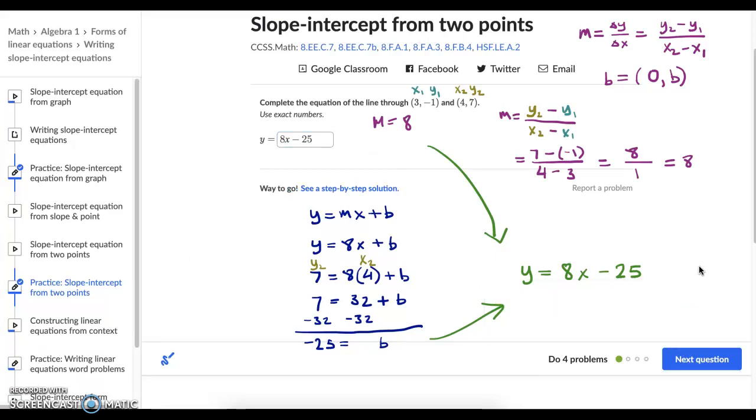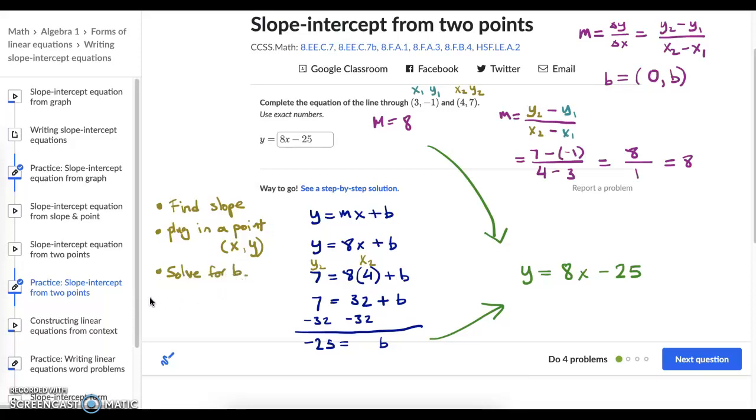So solve the slope, solve the y-intercept given the slope. So you need the slope first. Plug in one of the points. So in summary, let's summarize this real quick. Find the slope. Plug in a point for x and y, and then solve for b.